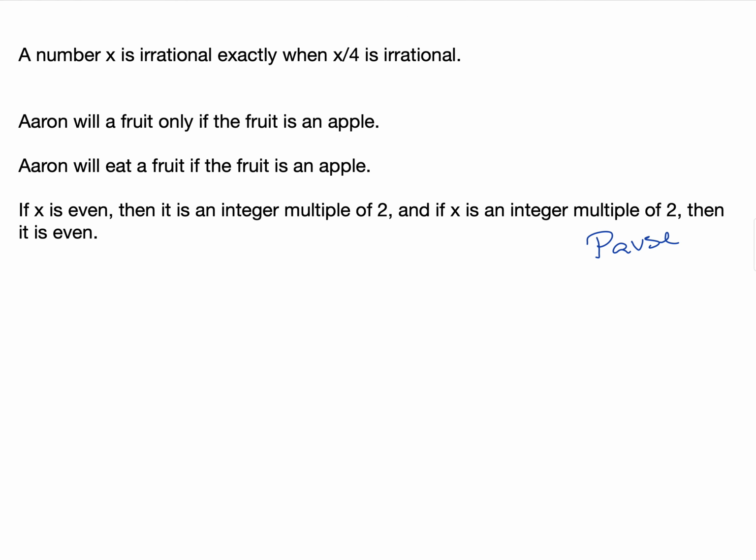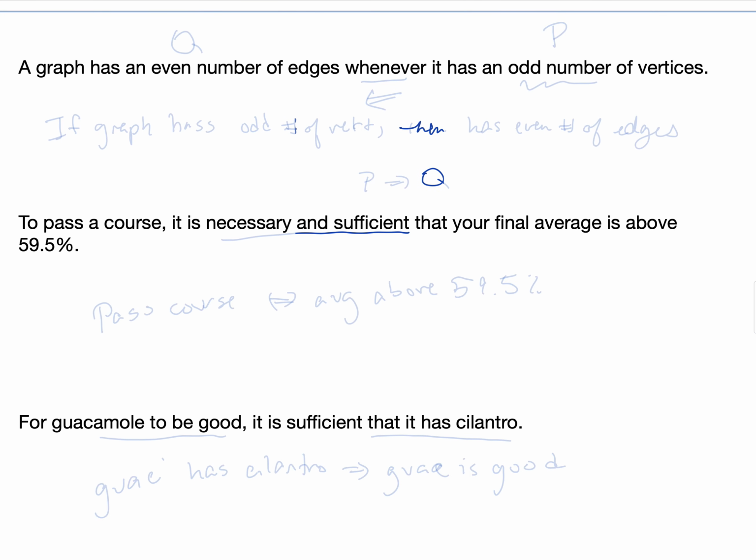Okay, a graph has an even number of edges whenever it has an odd number of vertices. So that means when this happens, this must happen too. So when it has an odd number of vertices, the graph will have an even number of edges.